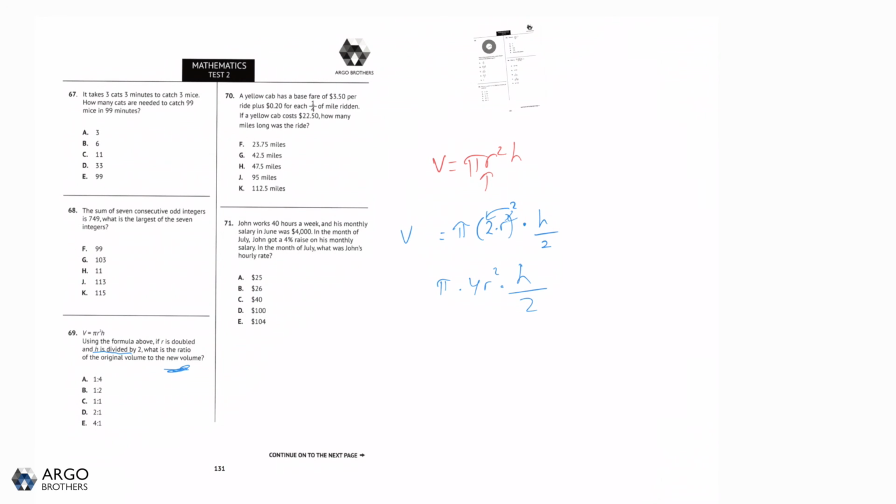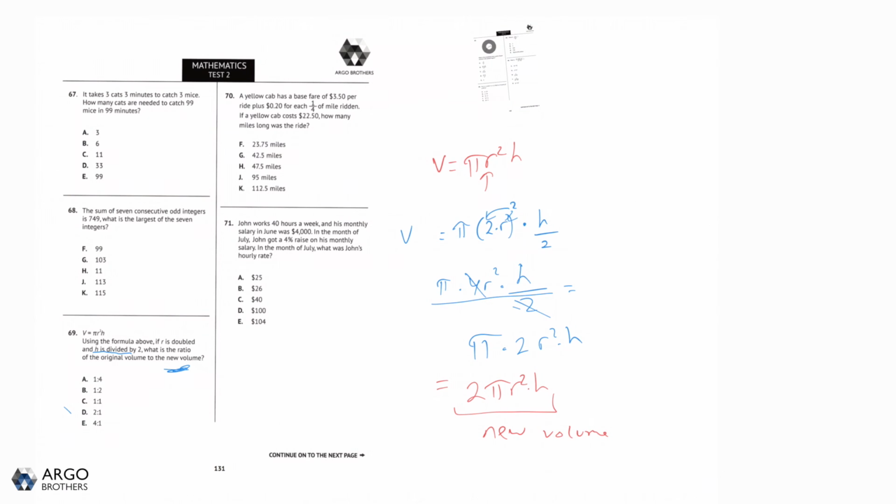I can simplify that entire thing: I can divide the 4 and the 2, and it becomes pi times 2 r squared times h. I can rewrite that because it doesn't look so nice, as 2 times pi r squared times h, and that looks much nicer. So this is a simplified version, and this is my new volume.